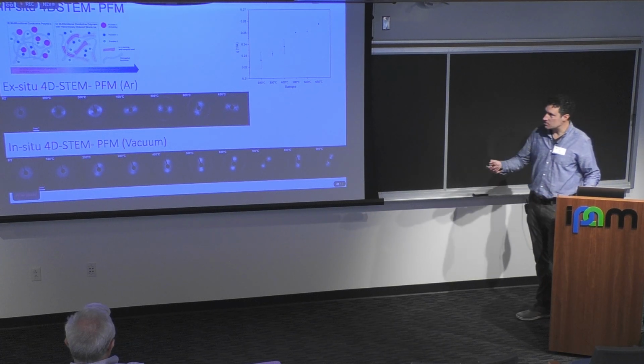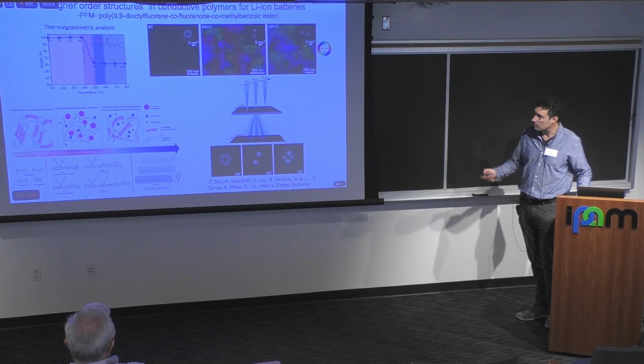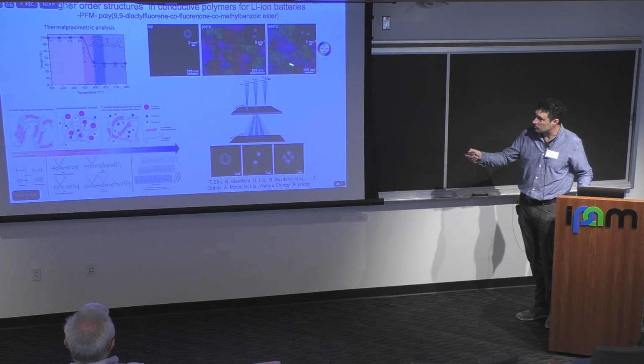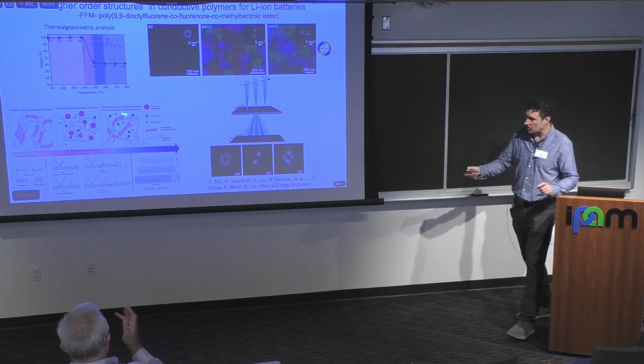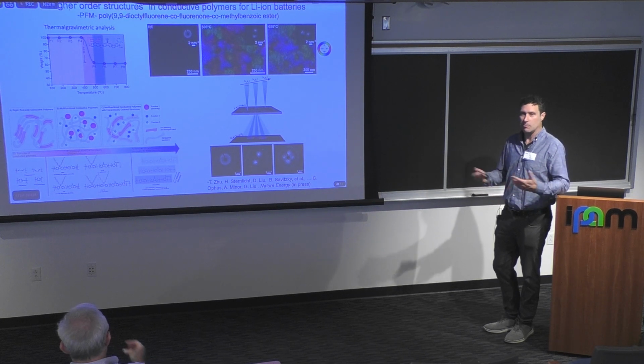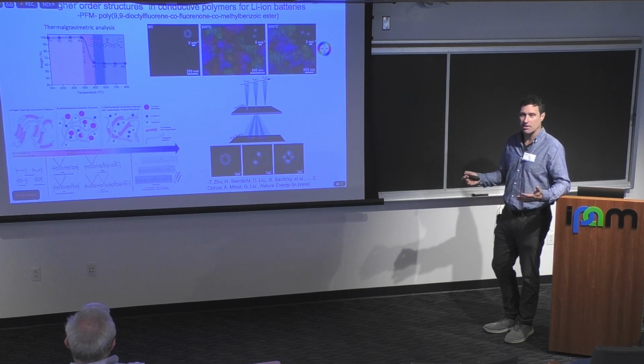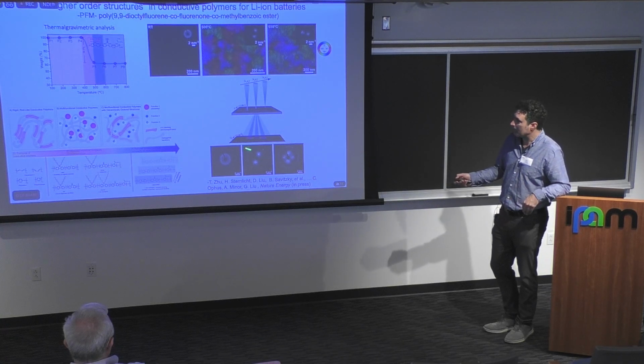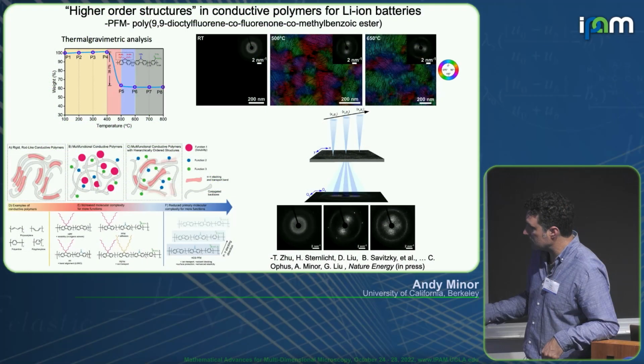Okay, so this is a way of, I think, quantifying microstructure in a polymer that's really useful. What's interesting is our collaborators came to us and they had something like this and they had the properties of the polymer, but they didn't know what was going on. And X-ray scattering really didn't show it. Because with X-ray scattering, imagine you take these blobs and you average all the different orientations.